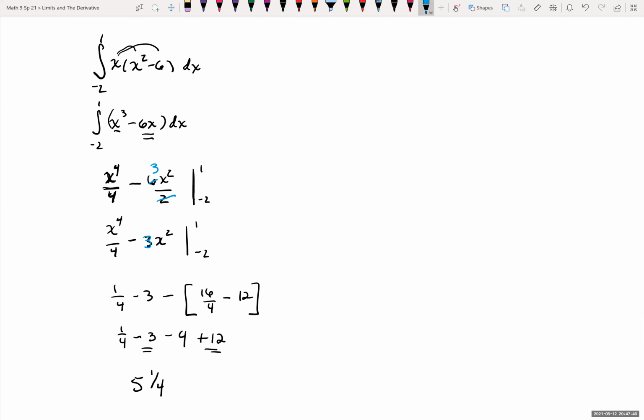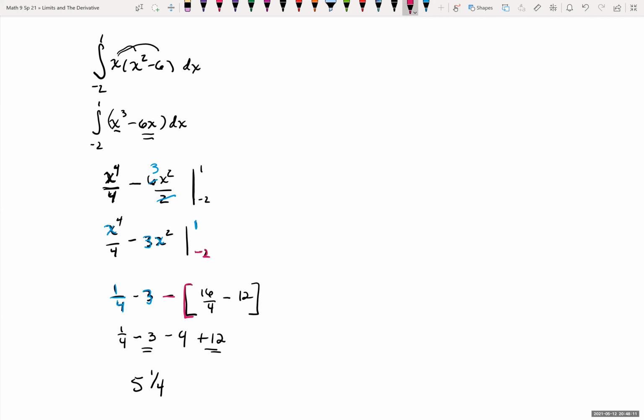And now we're going to do our substitution. We're going to plug in 1 wherever we see an x in here. If we plug in 1, 1 to the 4th is 1, all over 4 is 1/4, minus 1 squared is 1 times the 3 in front, so that's -3. Then minus what we get when we plug in our second bound.